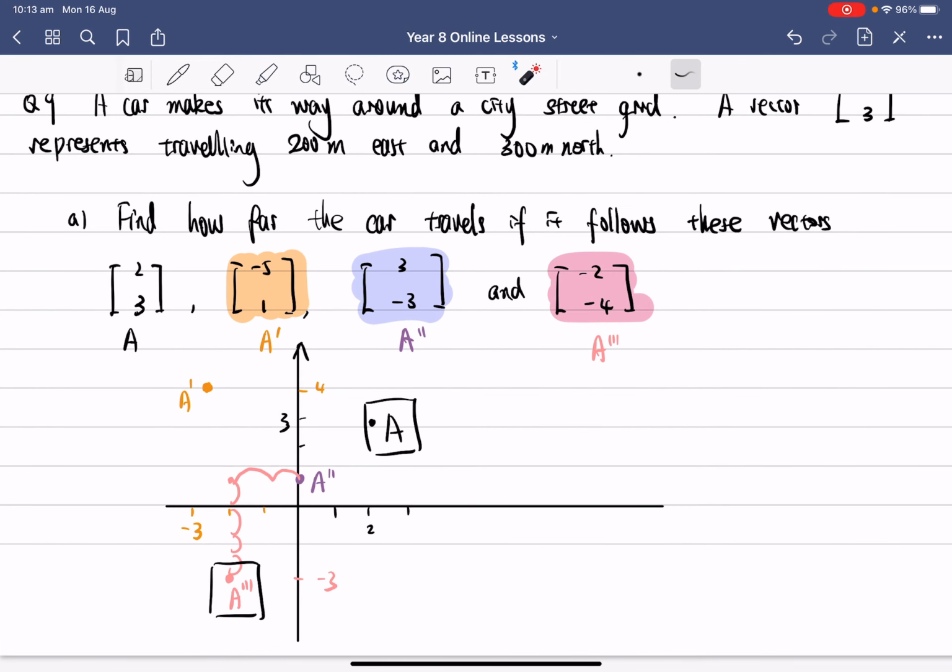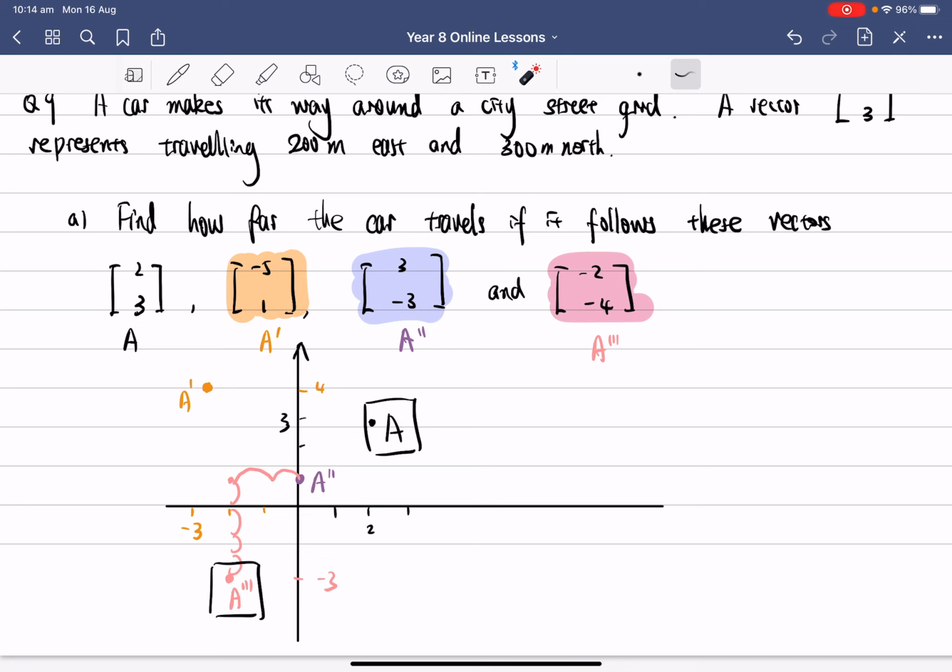From 2 to -2, that's -4 here. It has traveled 400 meters to the left, or to the west, and then from this point, it's traveling down by 1, 2, 3, 4, 5, 6, 7 units.